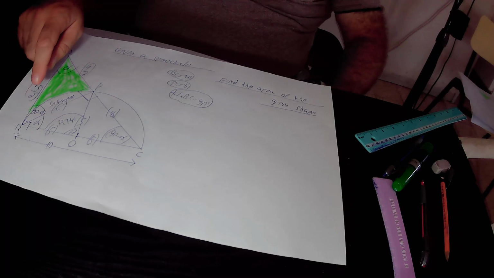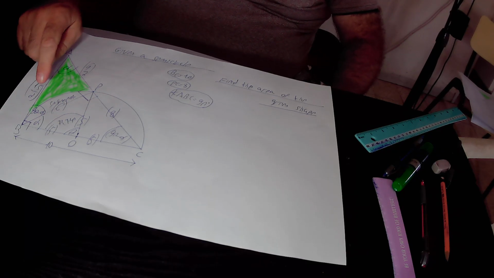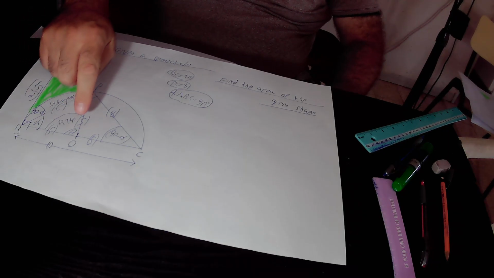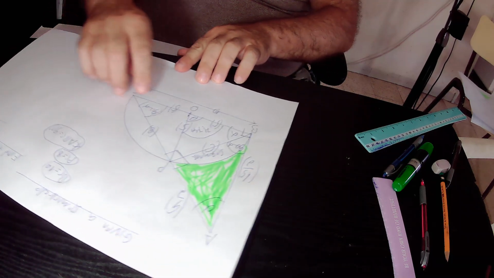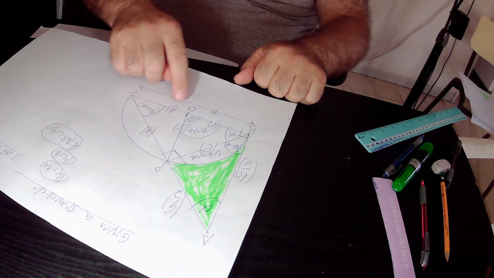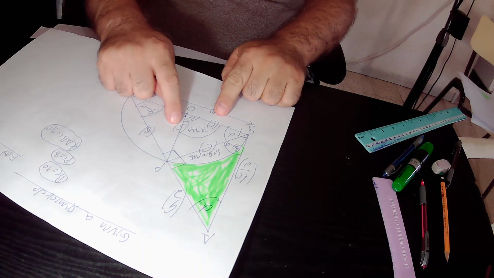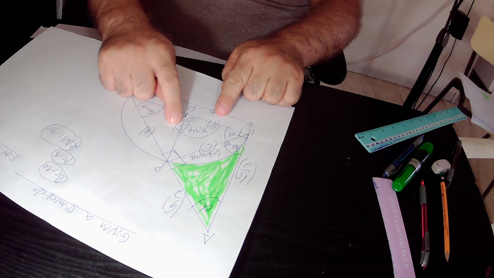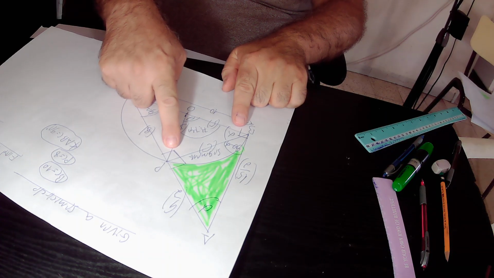the isosceles triangle BOP. Why is triangle BOP an isosceles triangle? Because side BO equals side OP equals 5. So in the isosceles triangle POB, opposite those two equal sides, we have two angles that must be equal to each other, according to the rule that opposite equal sides in a triangle, there are equal angles.